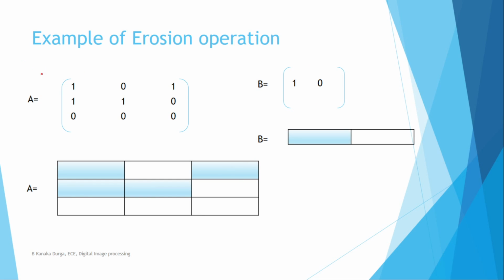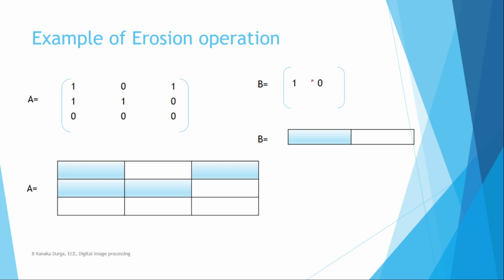Next, let's go with an example in terms of a matrix, to see how we can do the erosion operation for observation purposes. I am considering the matrix format as a grid. The matrix of A can be represented: 1 is fully filled and 0 is not filled. So this value is 1, fully filled with respect to the grid cell value, and here 0 and 1 and 1 1 0.